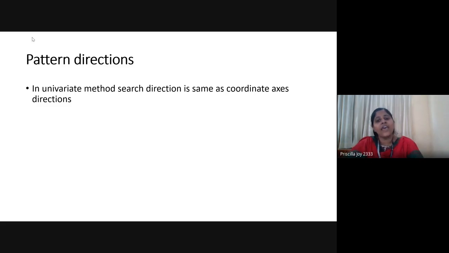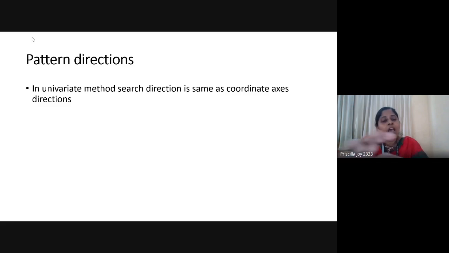There, it will be going through the direction of the coordinate axis. But in the case of the pattern direction, the searching is performed not along the coordinate direction, but along the direction towards the best solution. So based on the best solution only, the searching is done.